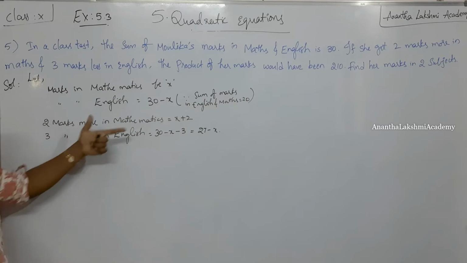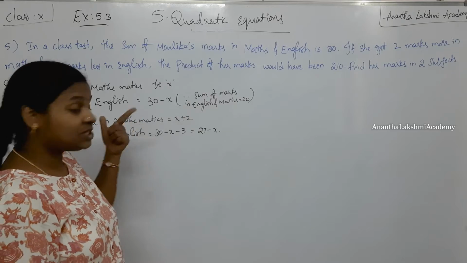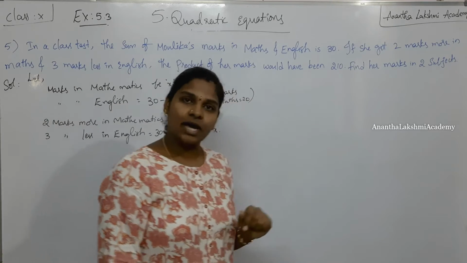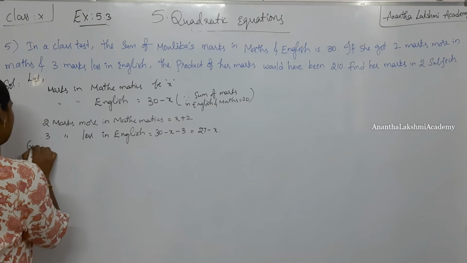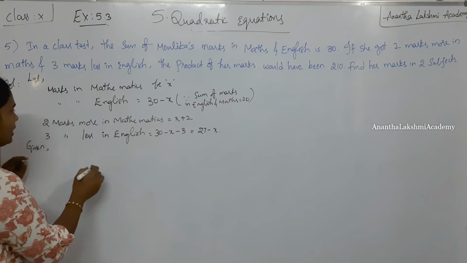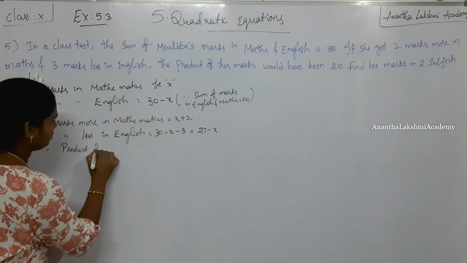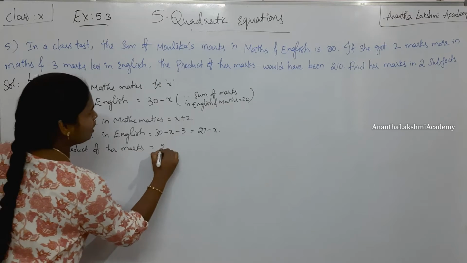What is given? The product of her marks when she gets 2 marks more in mathematics and 3 marks less in English becomes 210. So the product of her marks is equal to 210.